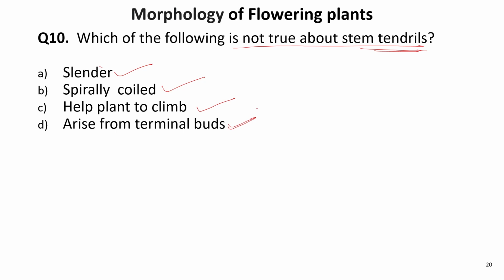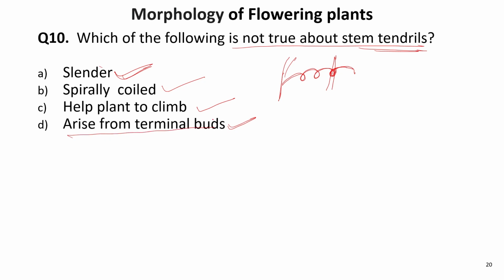So yes, they are slender. Stem tendrils are slender, not very large. They are slender and spirally coiled. Yes, the stem tendrils are spirally coiled. Help plant to climb. Yes, they get attached to any support and help the plant to climb.